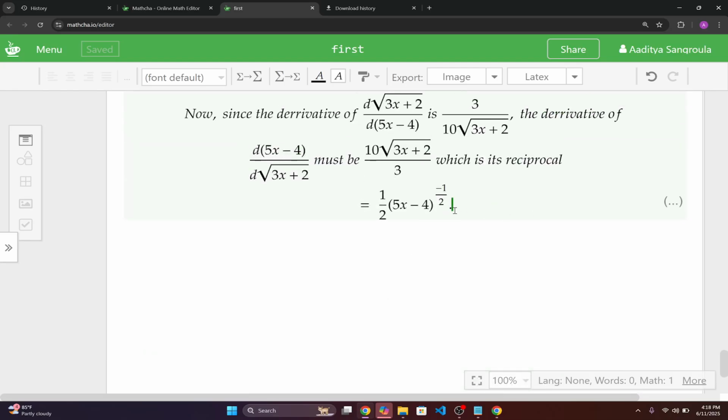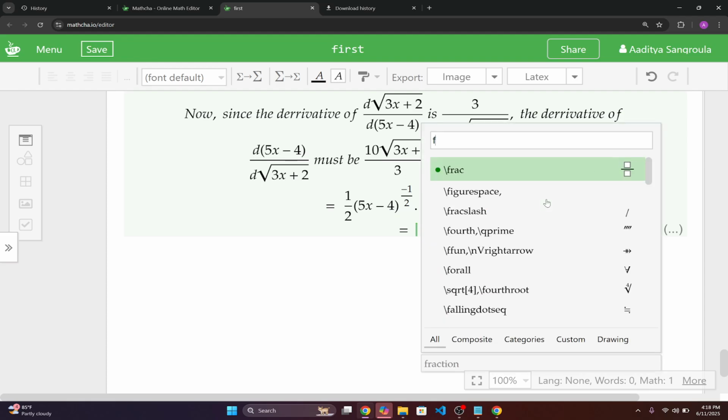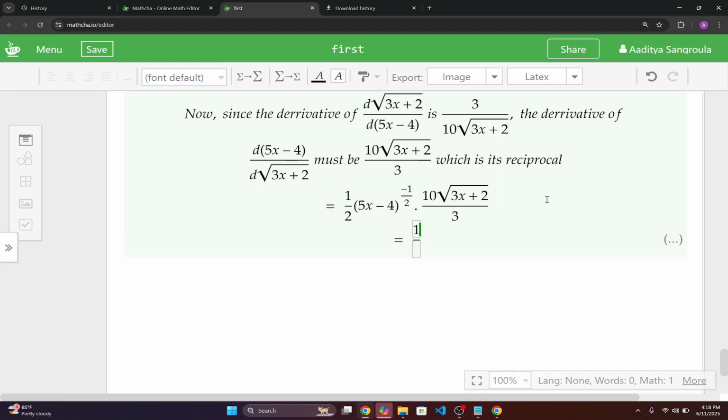This is 1 over 2 times this. It's absolutely long right now. It's back 1 over 6. Not 1 over 6, but 10 over 6.